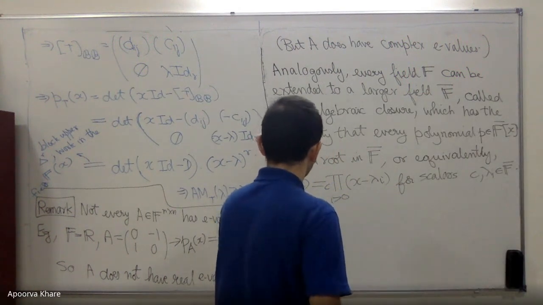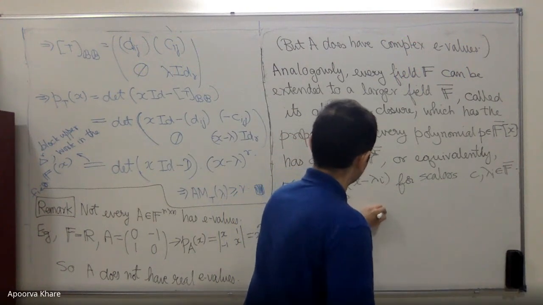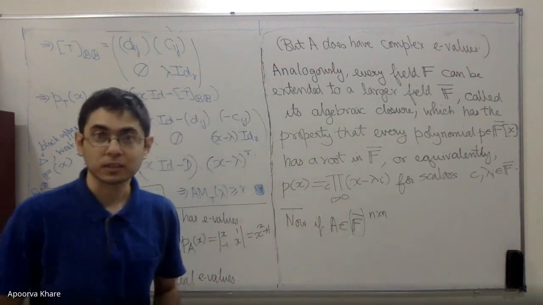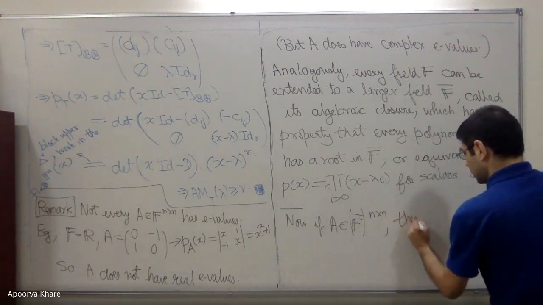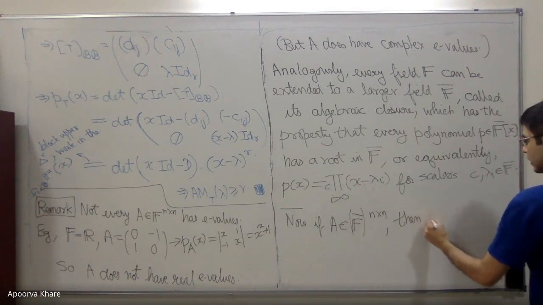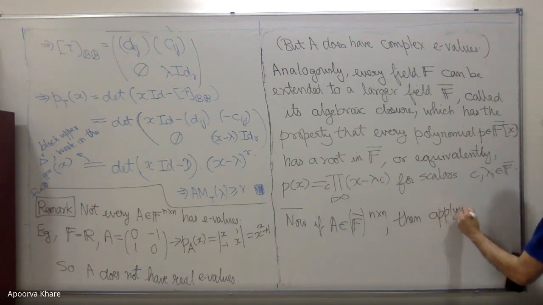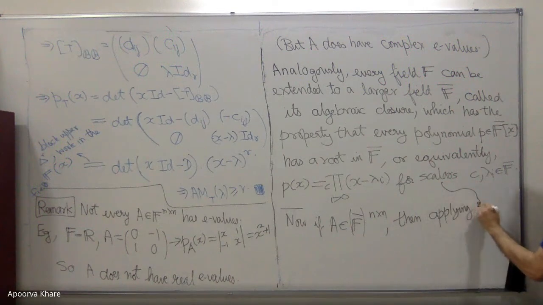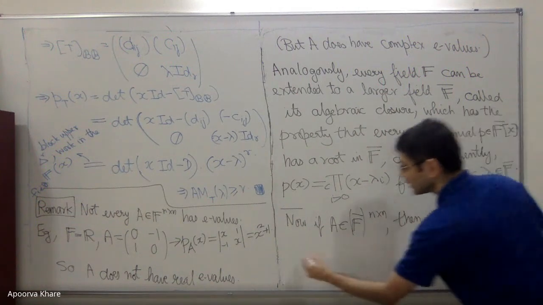Now, if A is a matrix with entries in an algebraically closed field, then all its eigenvalues exist. Then P_A of x also has such a property, and therefore all eigenvalues lie in the field.